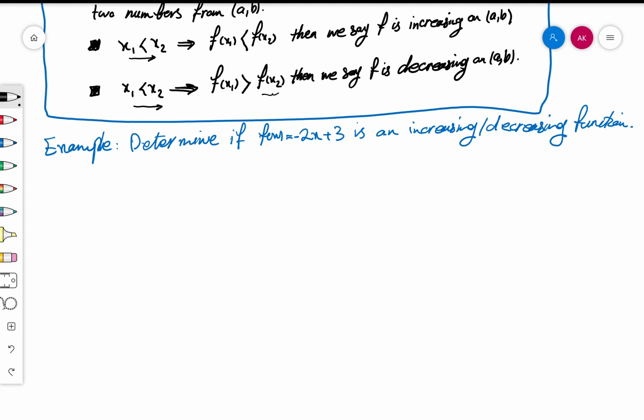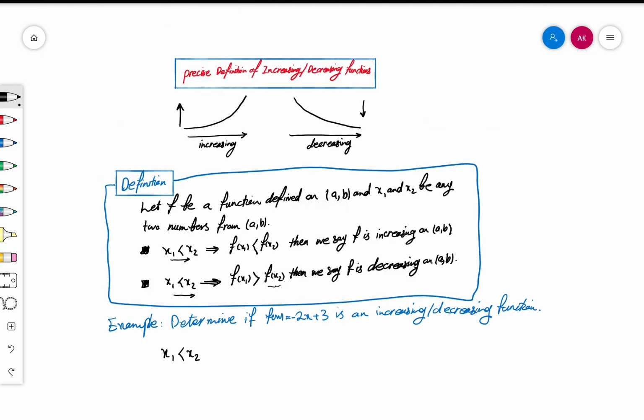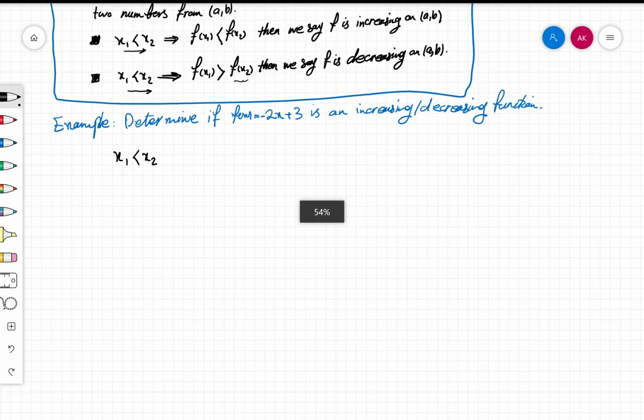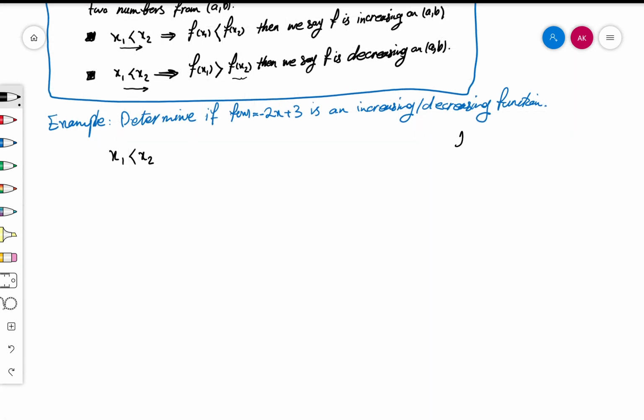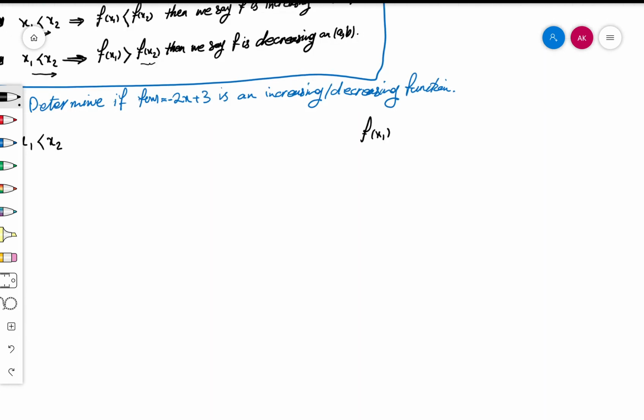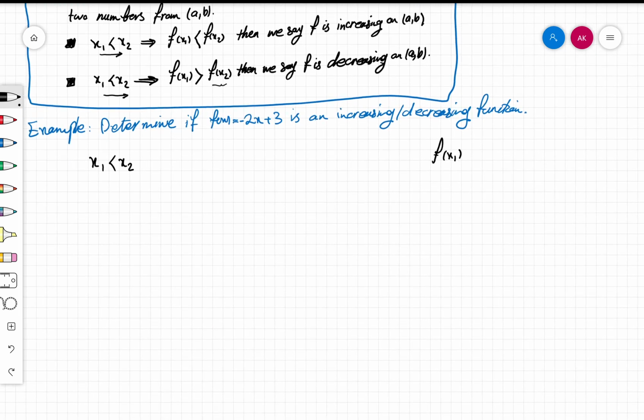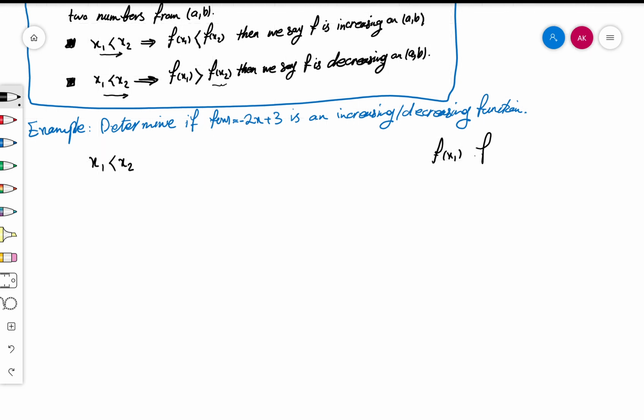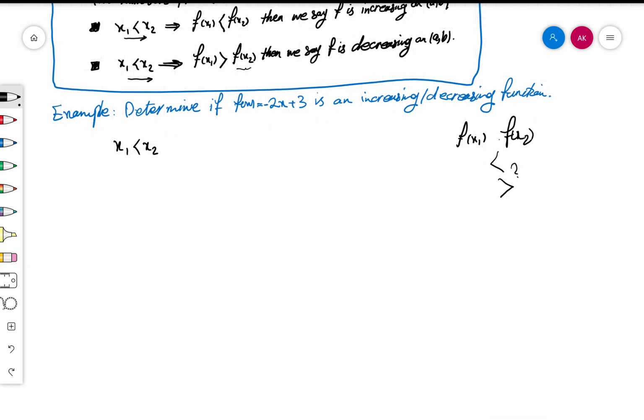So I will start with two values, x1 less than x2, and we want to see if in some way we can conclude that f of x1 and f of x2 have some relation, either it is bigger than or less than. So which one is that? We have to do some work in between to see that.